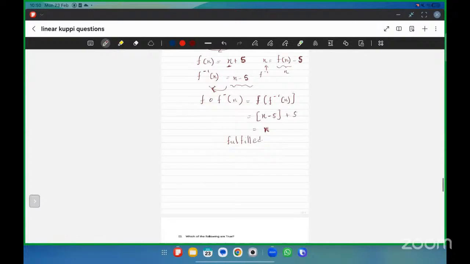The other one is the final thing: is it an abelian group or not? So f of gx, and if it is an abelian group, we can write it as g of fx.